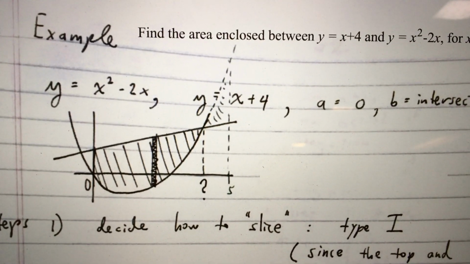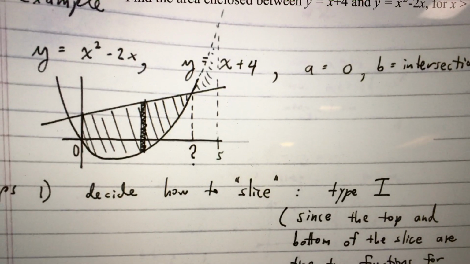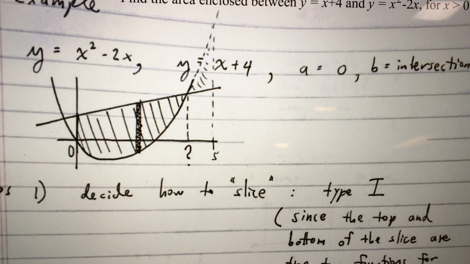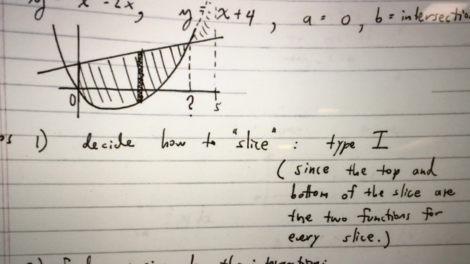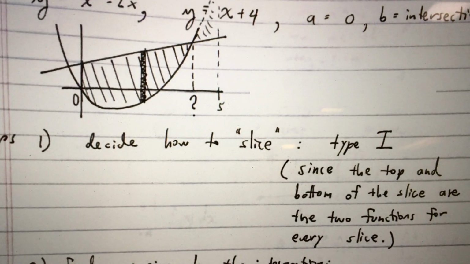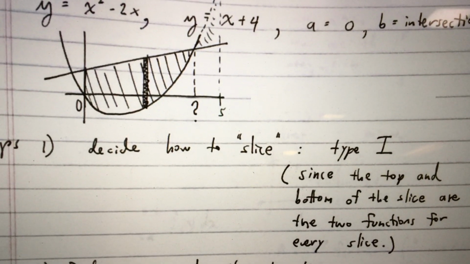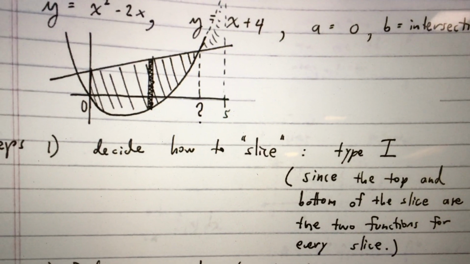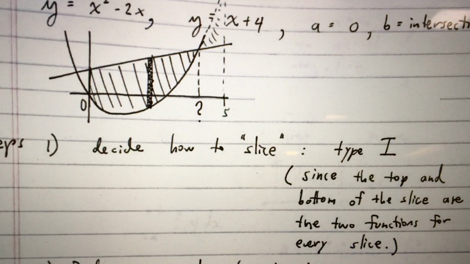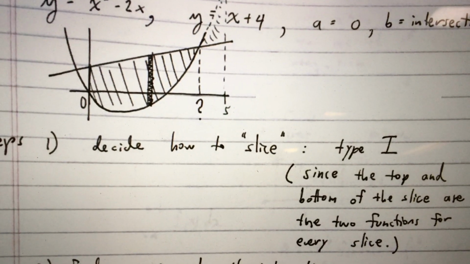This turns out to be type 1, and there's my reasoning. Since the top and the bottom of the slice are the same two functions for every slice. The top function is x plus 4, the bottom function is the parabola. Every vertical slice, I see that on top and bottom. Notice that in contrast, if I drew horizontal slices, that would not happen.